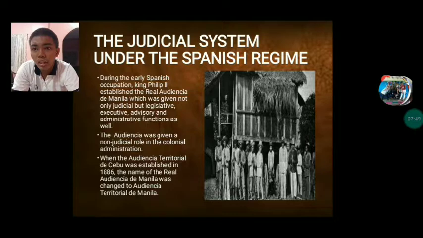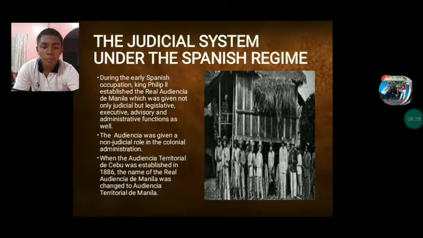When the Audiencia Territorial de Cebu was established in 1886, the name of the Real Audiencia de Manila was changed to Audiencia Territorial de Manila. It was composed of the Governor General as the Presidente or presiding officer, the four oidores, equivalent to associate justices, and the fiscal as the legal adviser in chief.